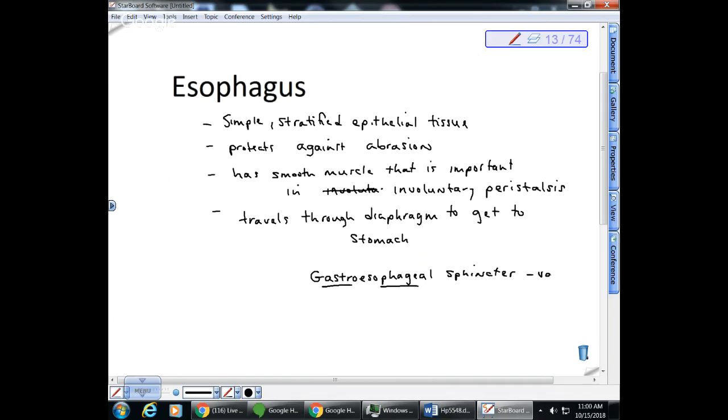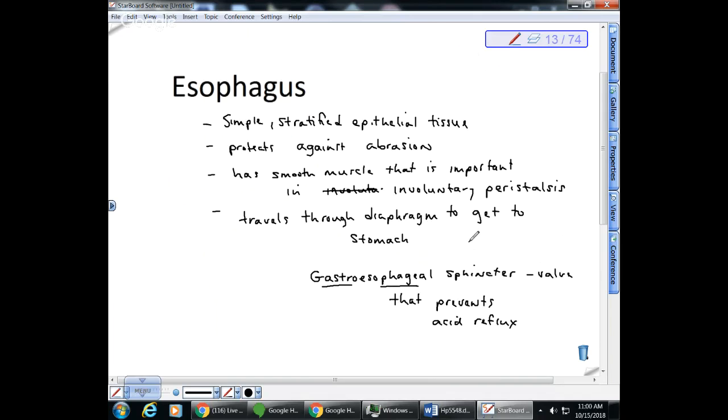This is a valve that prevents acid reflux. That would be acid moving up into the esophagus, and the esophagus is not resistant to acid. So the acid is going to start to damage the lining of the esophagus, and that can be a very bad thing.